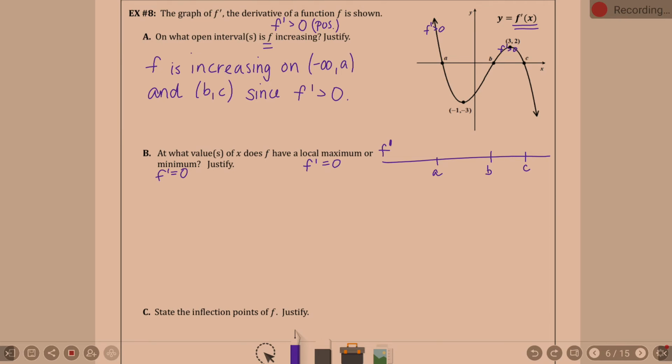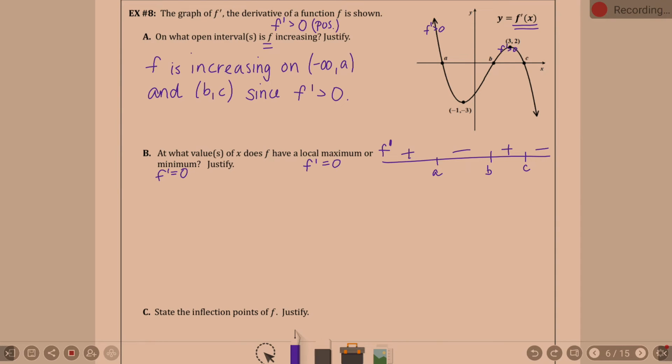What do you know about the derivative to the left of a? Sorry. I'm thinking ahead to another part. What about between a and b? My derivative is negative. Between b and c? Positive. C to the end? Negative.